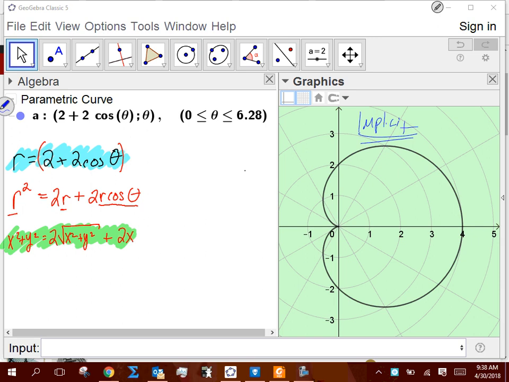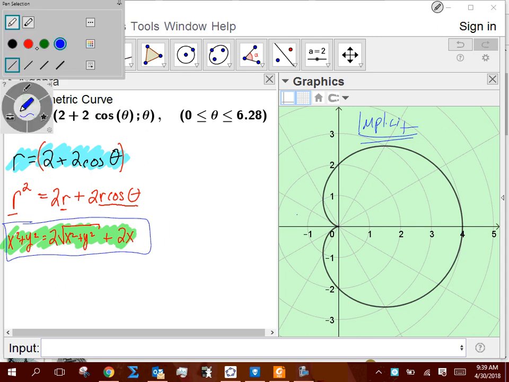Your TI-83 or 84 is explicit. Your TI-83 or 84 says you have to have y equals, don't you? Can you envision how difficult this thing would be to get y isolated by itself to graph on my TI-83 or 84? If you've done it, I know Mrs. Cole is used to walking through this on the TI-83/84 in her courses.